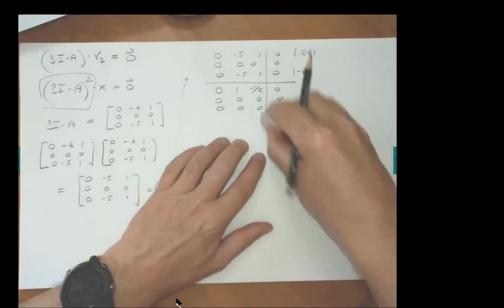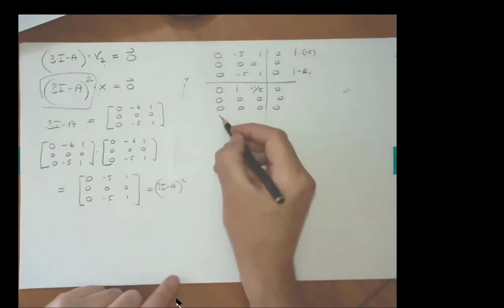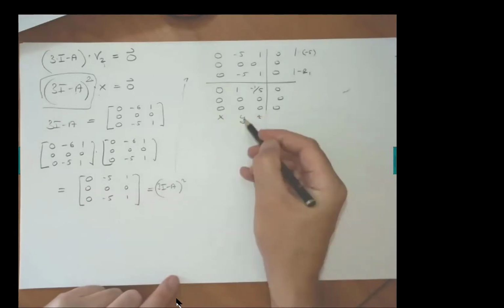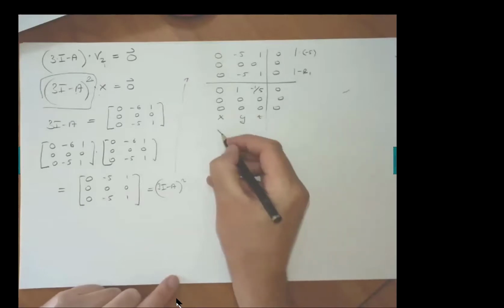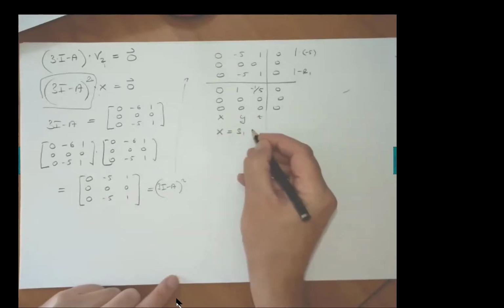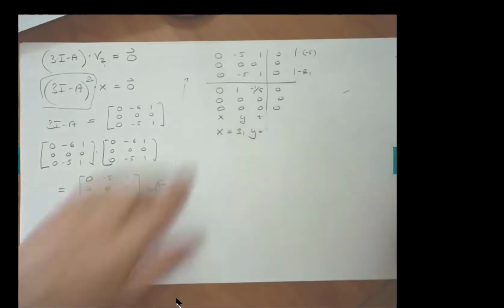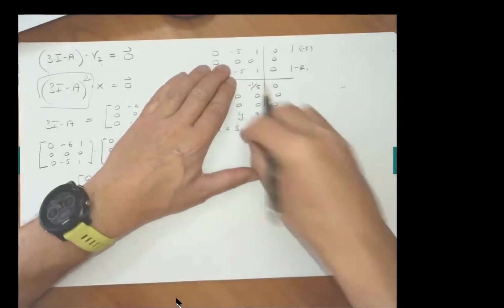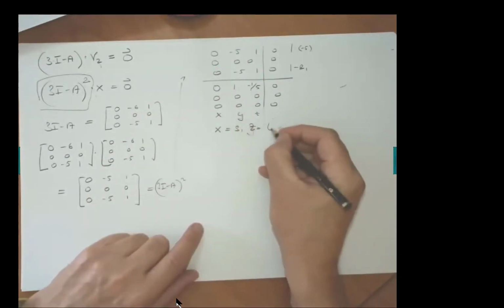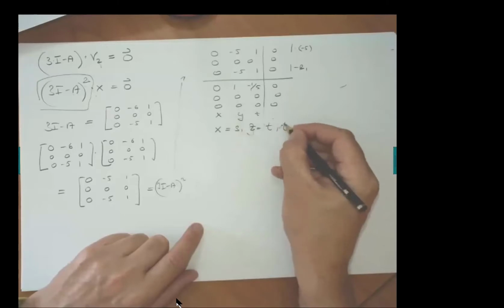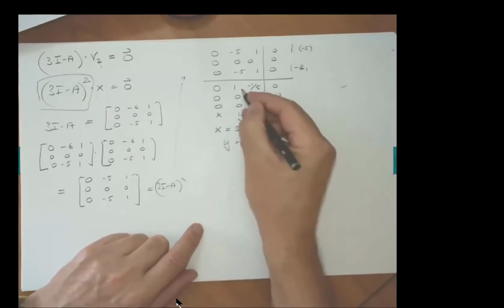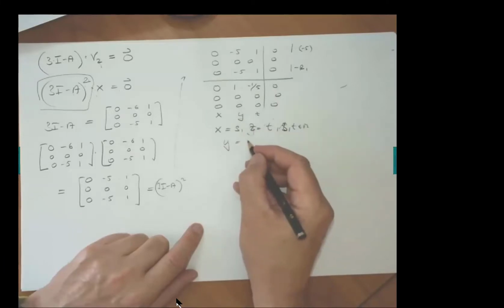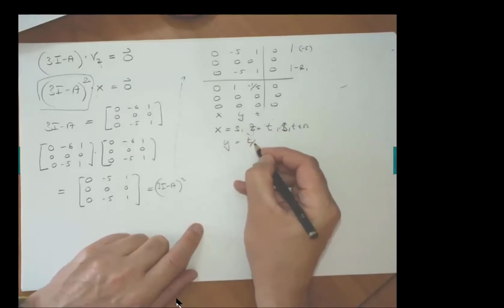This is our reduced row echelon form. So if we have x, y, and z, y is the leading one, x and z get parameters. So x is equal to s, z is equal to t, s and t in R. And then y, I bring this over here, is 1/5 z, so it's t over 5.